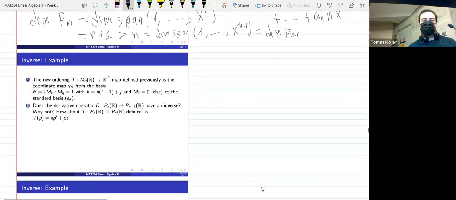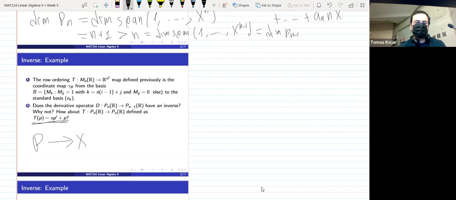Now, what about this map? So this map sends P to X times the derivative of P plus the polynomial. What's your feeling? Is it isomorphic or not?